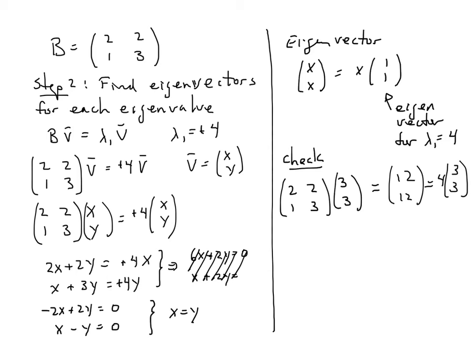On the next screen, I'm going to do the same thing, hopefully without error, for lambda 2 equal to the number 1. So this time it'll go a little quicker. 2, 2, 1, 3 is being multiplied by xy. And that is supposed to equal lambda times xy.